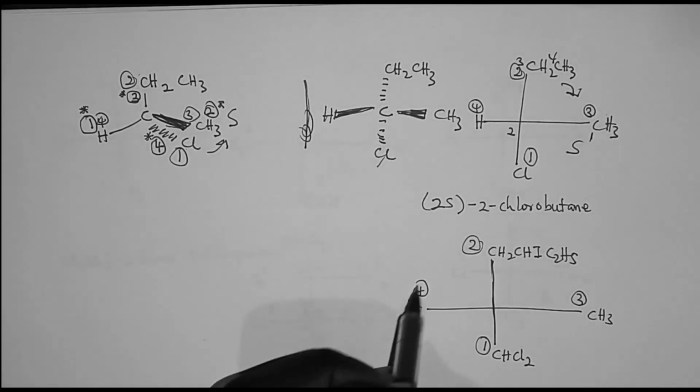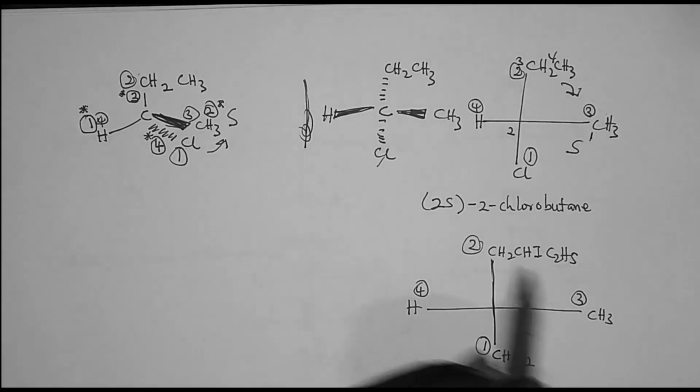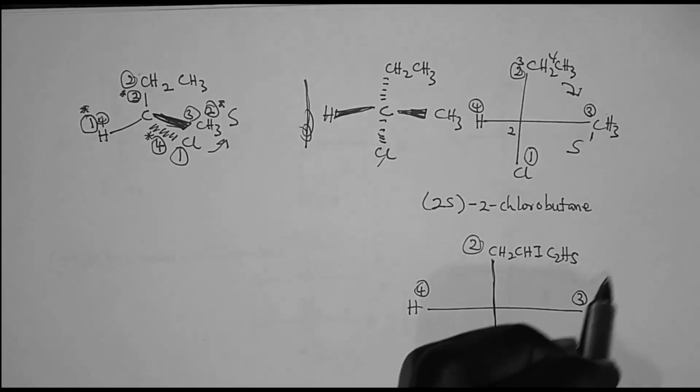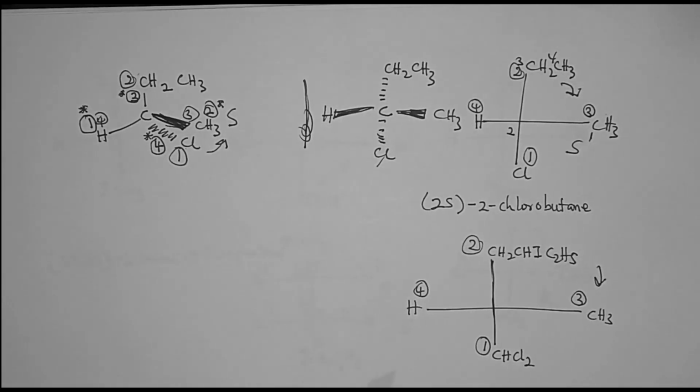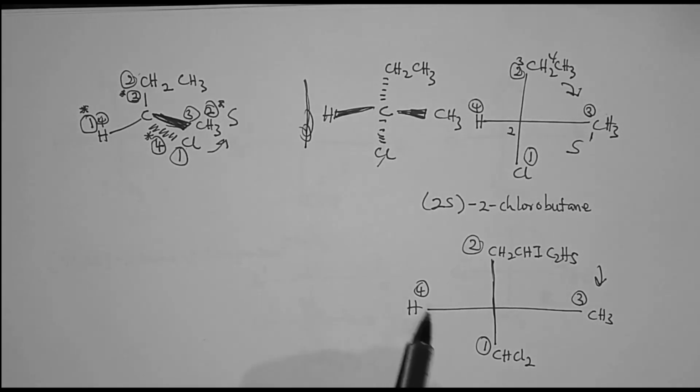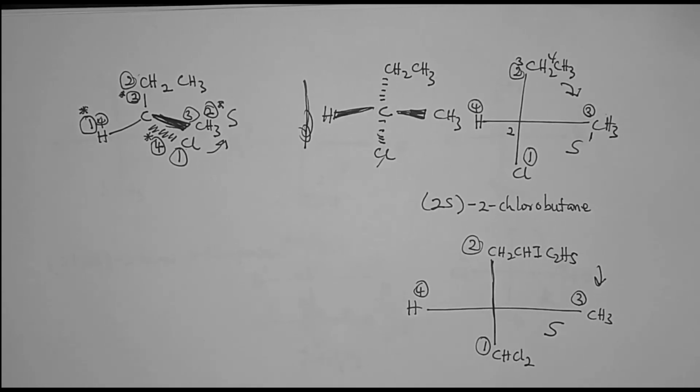And then the proton is number 4. 1, 2, 3 is going clockwise. However, because the proton is pointing towards us and not pointing away from us, we need to reverse the configuration, and therefore this is an S configuration.